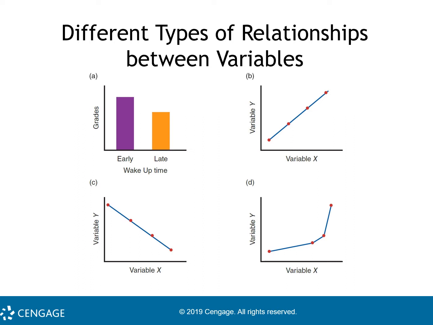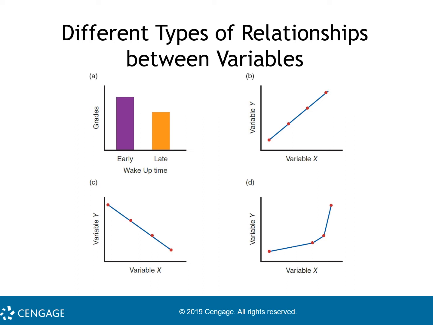So this is figure 6.1 in your book, and it's examples of different types of relationships between variables. So A is just kind of a general relationship, and you can see that it's categorical. We've got people who are in the early wake-up group versus a late wake-up group, and we're relating it to the grades that they get in class.